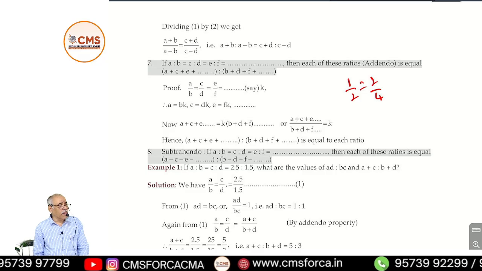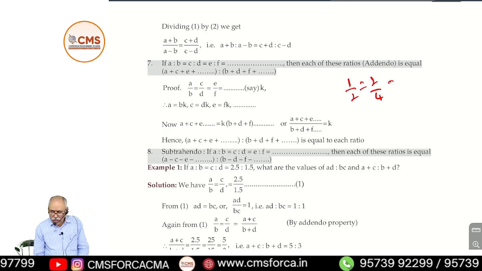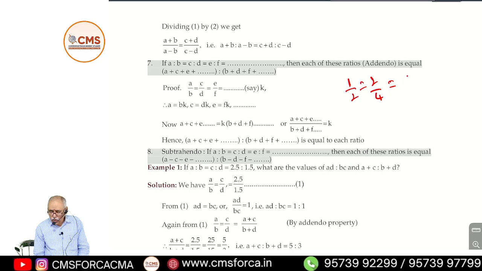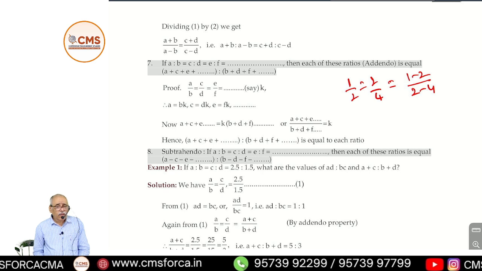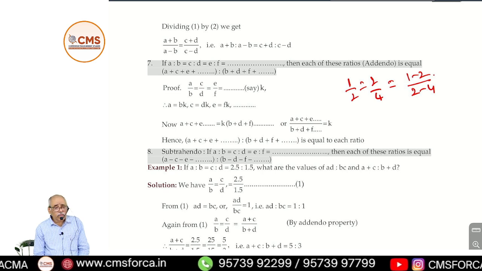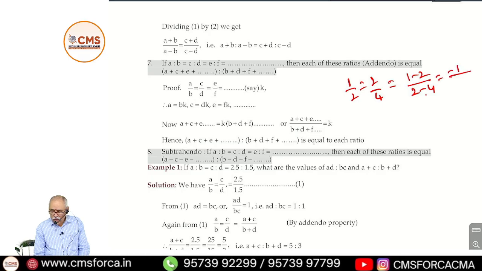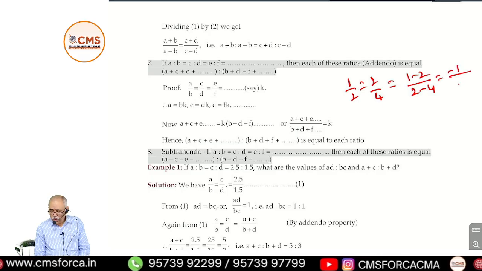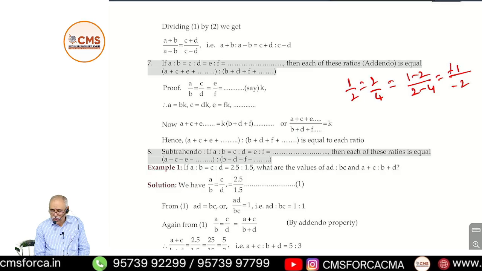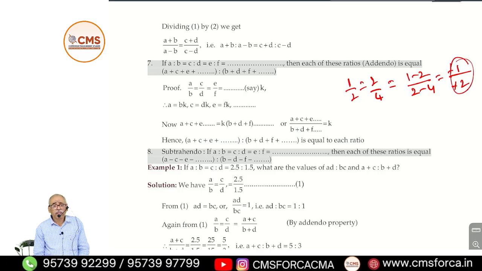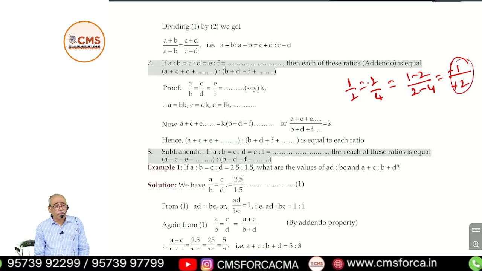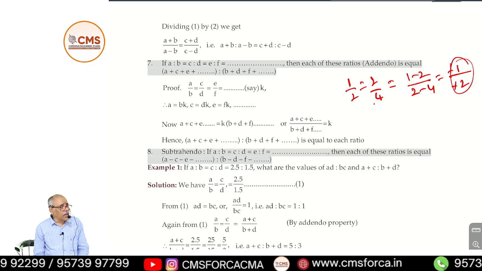Same example I am taking. Can you write these two ratios are equal to 1 minus 2 by 2 minus 4? 1 minus 2 is minus 1. 2 minus 4 is minus 2. So minus 1 by minus 2. Can you cancel minus minus? Again you got 1 by 2, equal to 2 by 4.